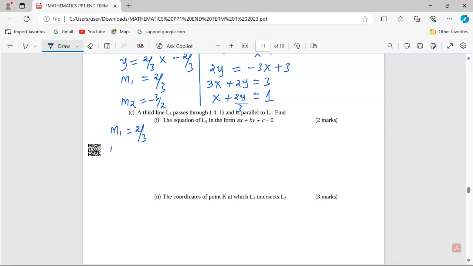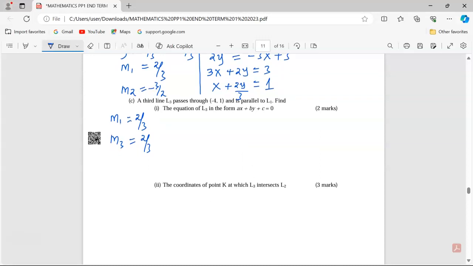The gradient for line 3 is supposed to be also 2/3. If two lines are parallel to one another, they have equal gradients, therefore 2/3. Now that we are given a coordinate where line 3 passes, we express the gradient 2/3 as equal to y minus 1, change in y, over change in x, x minus -4, making it x plus 4.